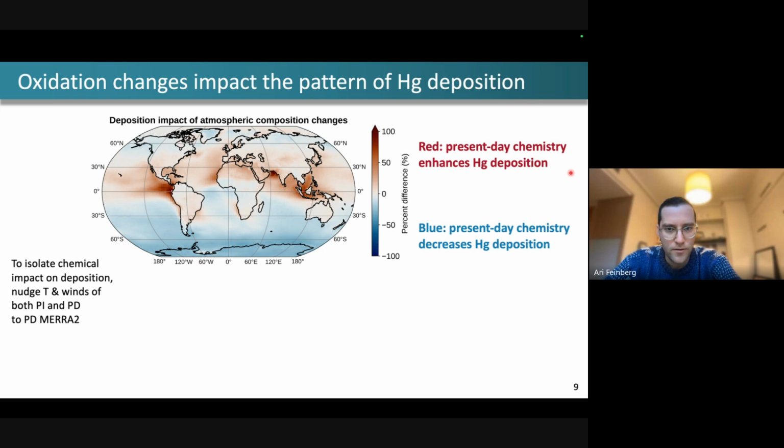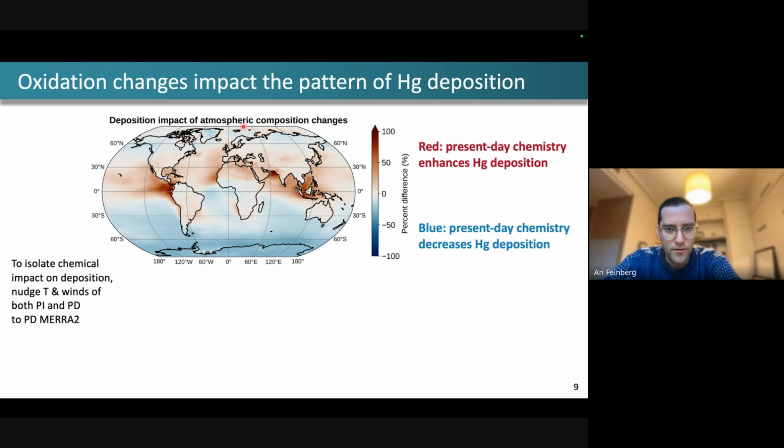But for mercury, what really matters is the impacts on ecosystems. And so where this mercury is going to be deposited out from the atmosphere into ecosystems. And so the map that I'm showing here shows the deposition differences between pre-industrial and present day, isolating the impact of atmospheric composition changes alone.